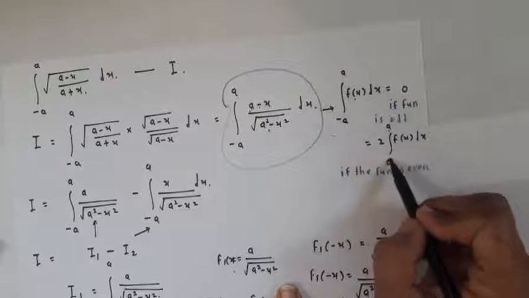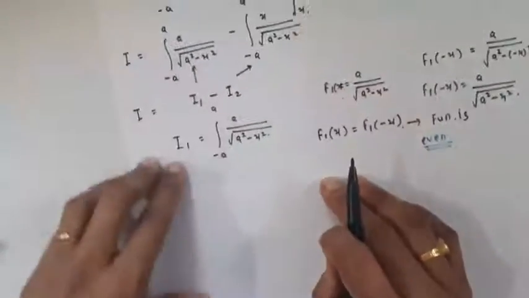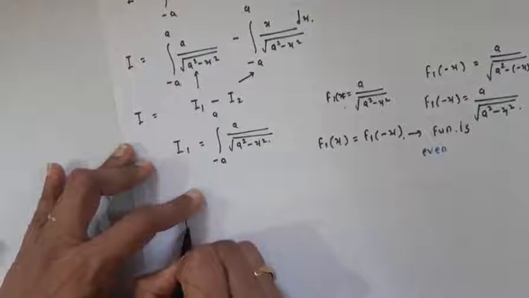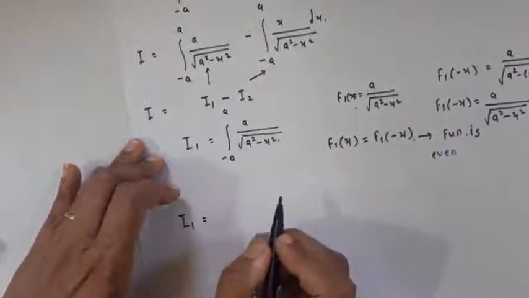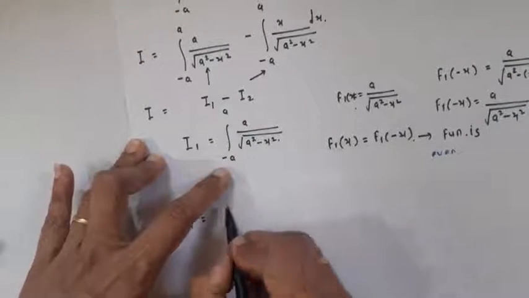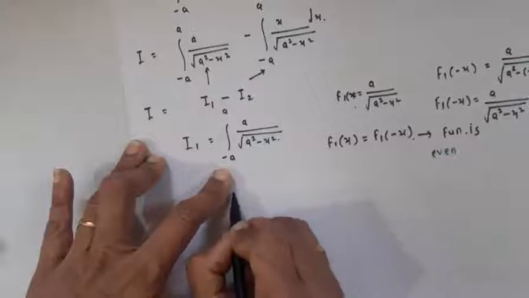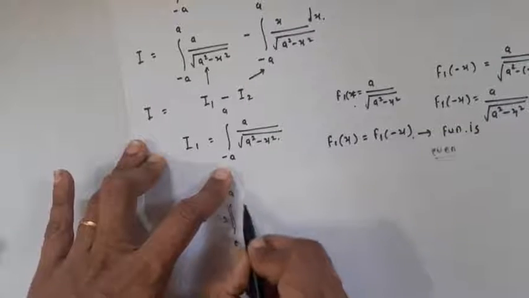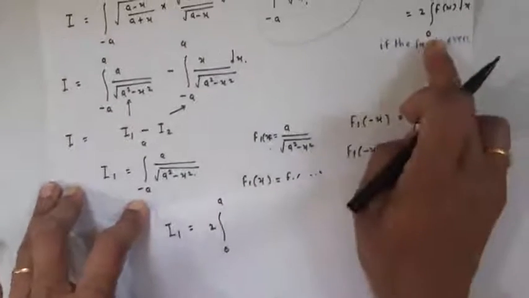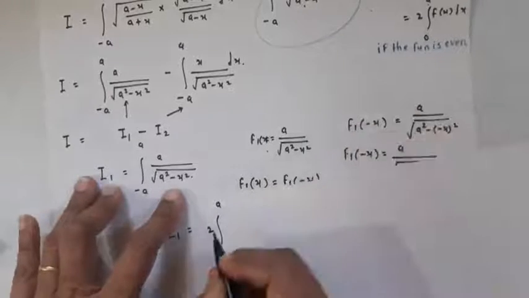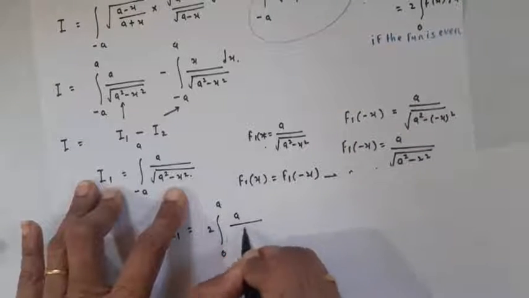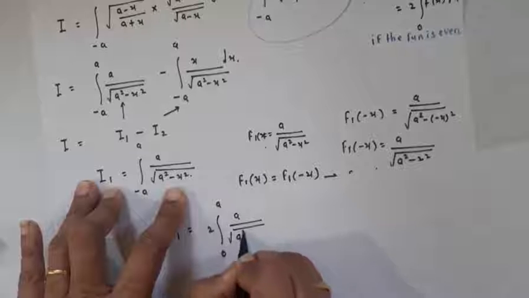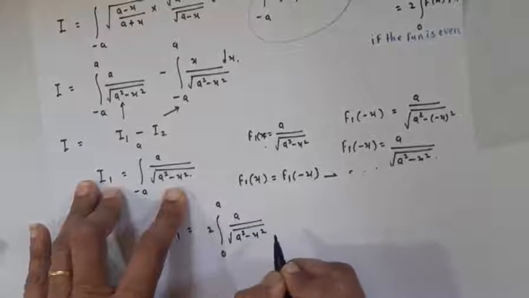Hence the integration I1 equals, instead of minus a to a, 2 into 0 to a of a upon square root of a square minus x square.